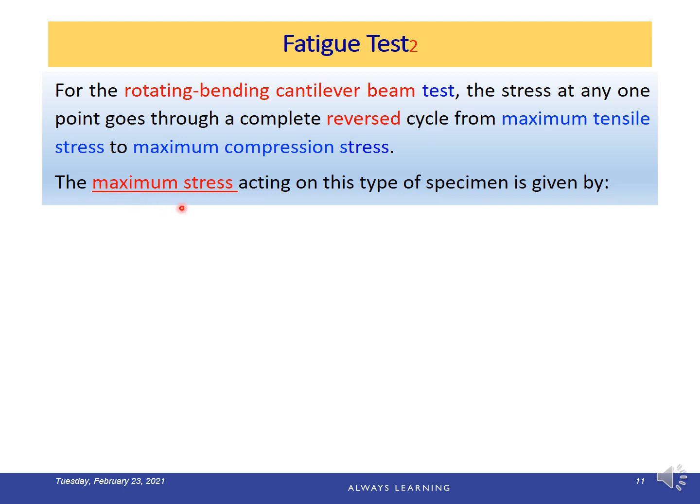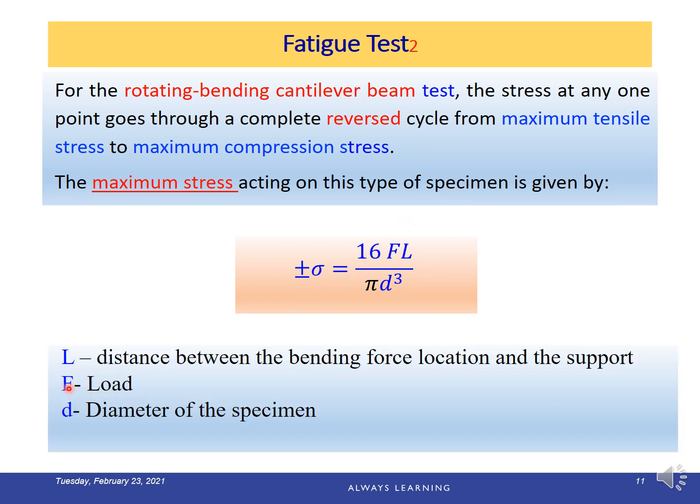The maximum stress can be calculated using this expression, which equals 16 times F. F is the load applied to the specimen, L is the distance between the bending force location and the supports, and D is the diameter of the specimen. And this is the maximum stress acting on the specimen.